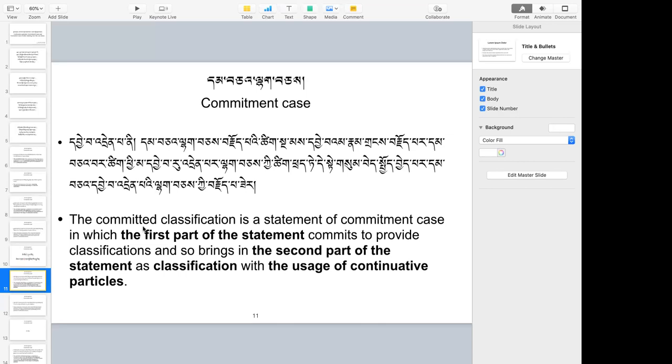So therefore, the committed classification is a statement of commitment case in which the first part of the statement commits to provide classification and so brings in the second part of the statement as classification with the usage of continuative particles. So this is the definition of the committed classification statement.